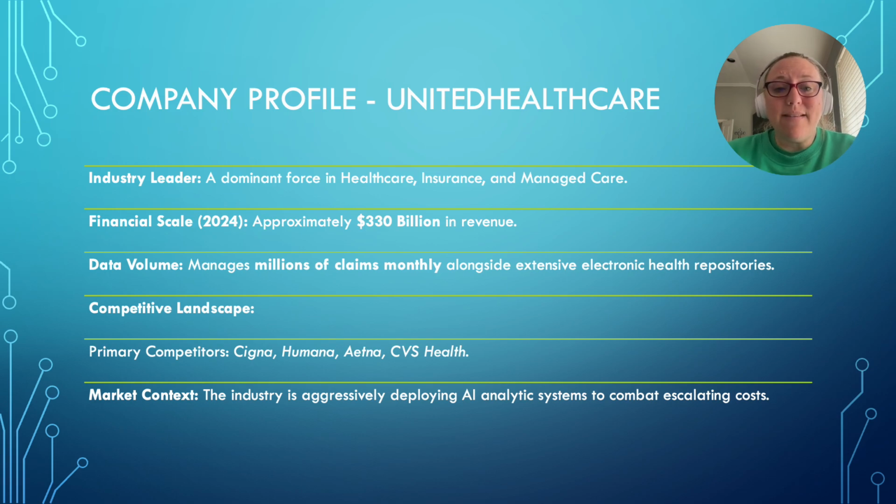United Healthcare processes millions of claims every single month. We are not just competing against rising costs, we are also competing against major players in the industry like Cigna and CVS Health, who are already deploying AI models. This massive volume of data makes United Healthcare the perfect candidate for the big data discovery methods we are proposing today.